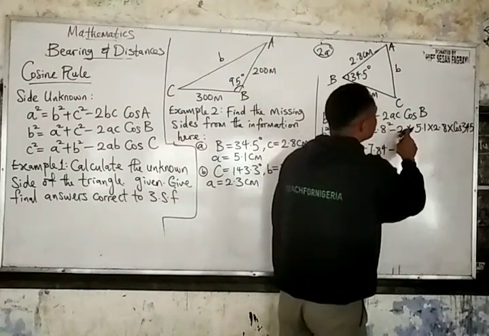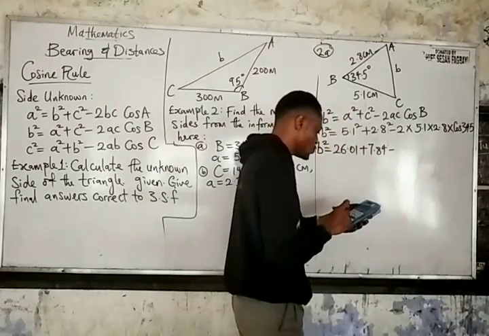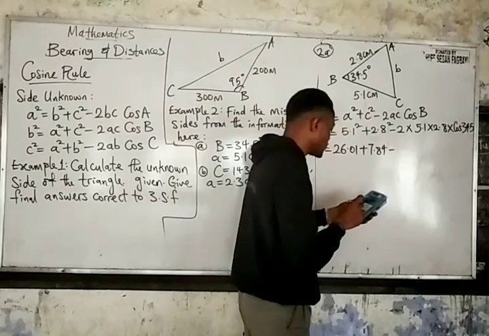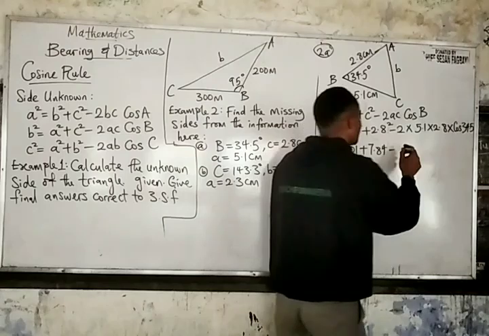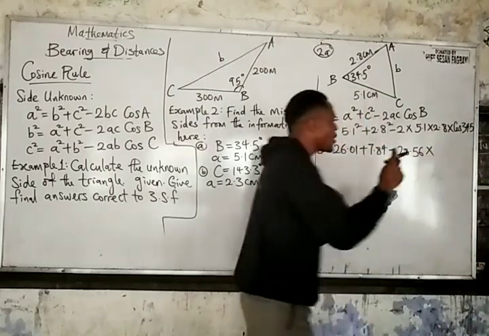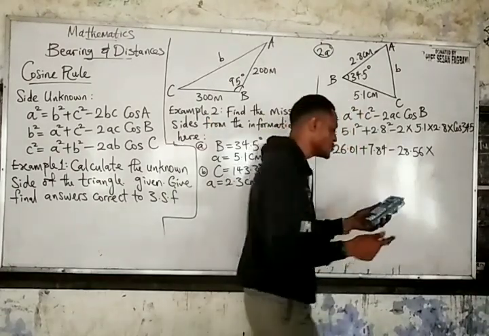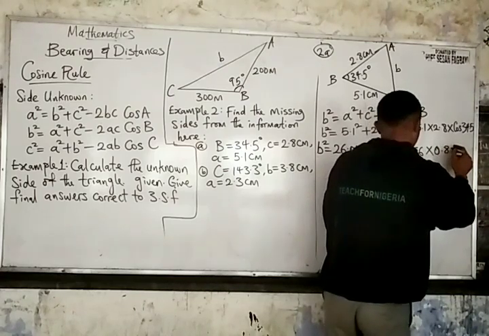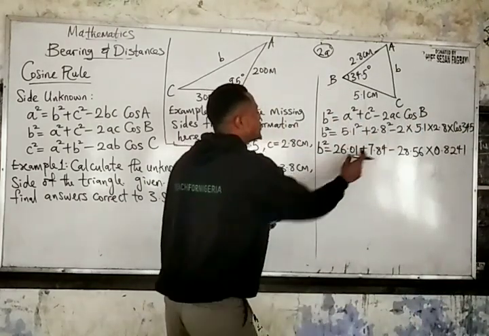Now minus 2 times 5.1 times 2.8. This will give us 28.56 multiplied by cos 34.5. This is a positive value this time around. We have it to be 0.8241. Now we add these two together.